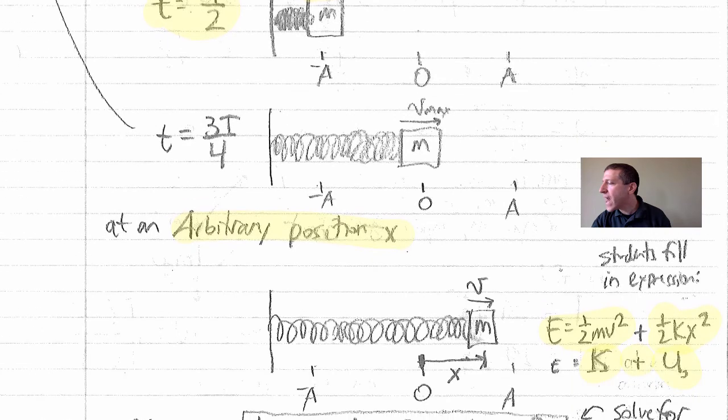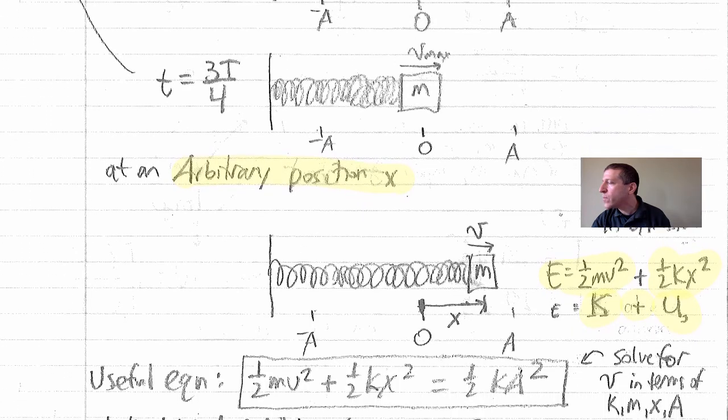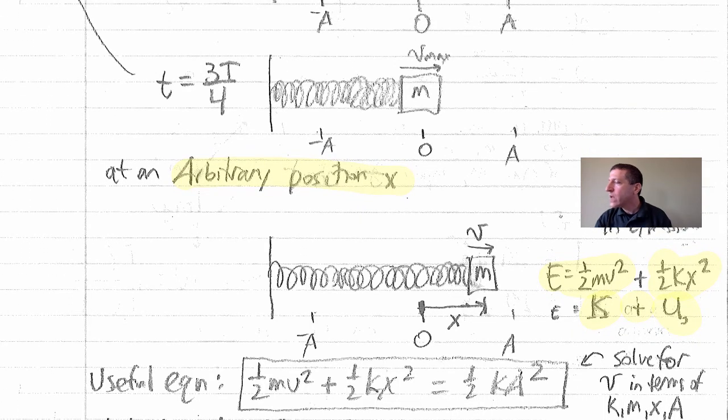So we can express this important relationship like this. 1/2 mv squared, at any arbitrary time, is the kinetic energy, plus the potential energy, 1/2 kx squared, and that has to equal our constant of total energy, 1/2 kA squared. This plus this always has to equal that.